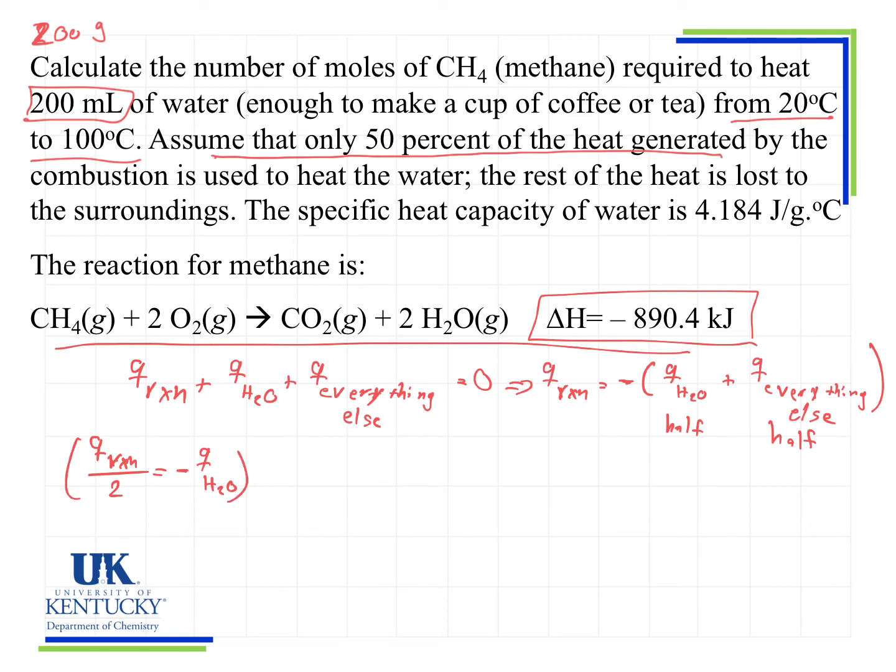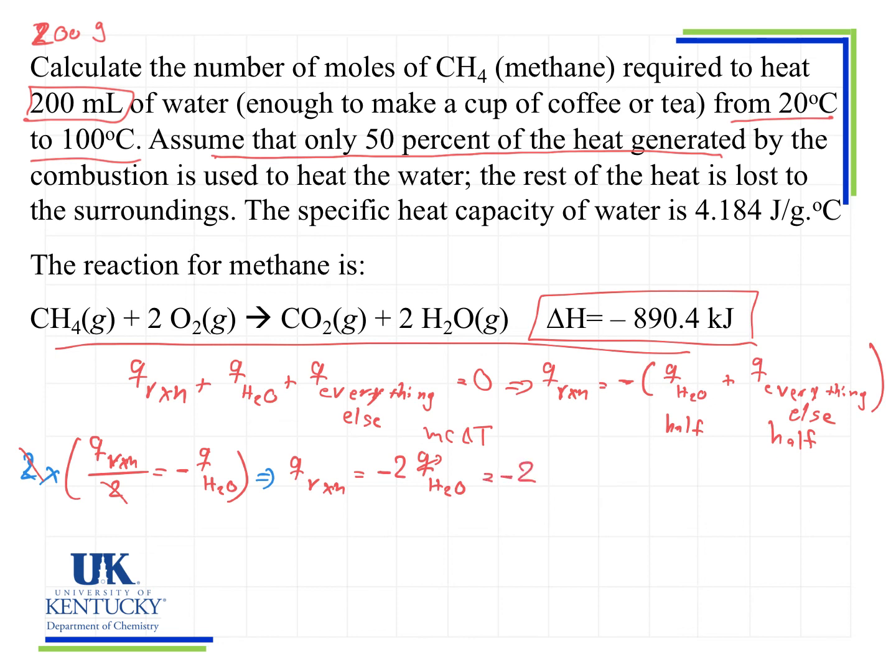So if I multiply this by 2, then Q of the reaction equal negative 2 Q of H2O, right? So then for Q of the H2O, I can write MC delta T, right?